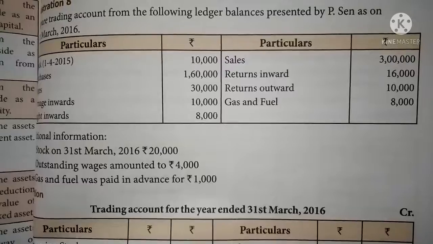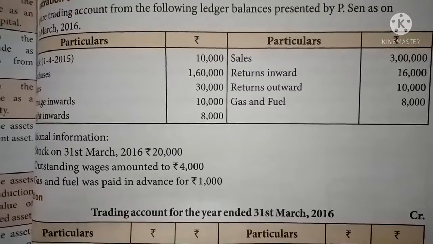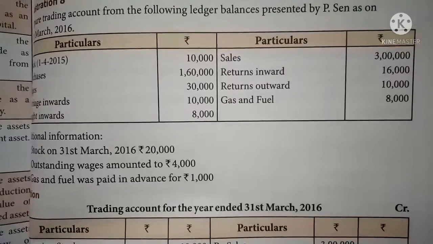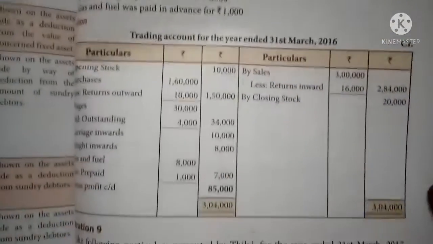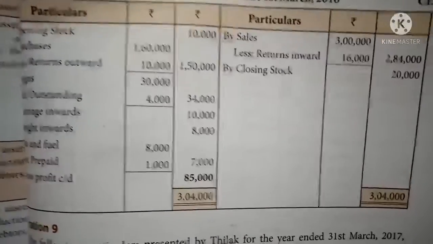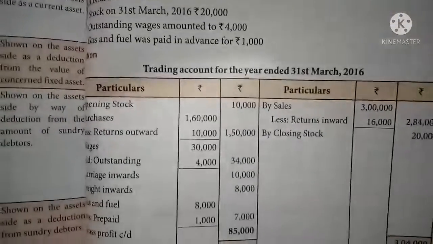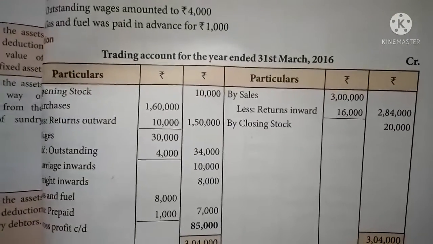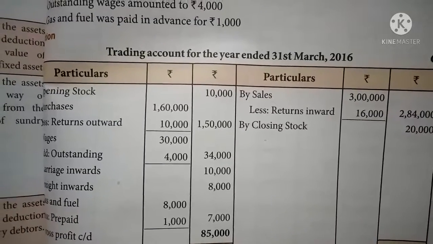So while doing the wages item in the trading account, you should add the outstanding amount 4,000 to the wages paid, rupees 30,000. First you write wages 30,000 on the debit side, then add outstanding wages 4,000. The total amount will be 34,000.